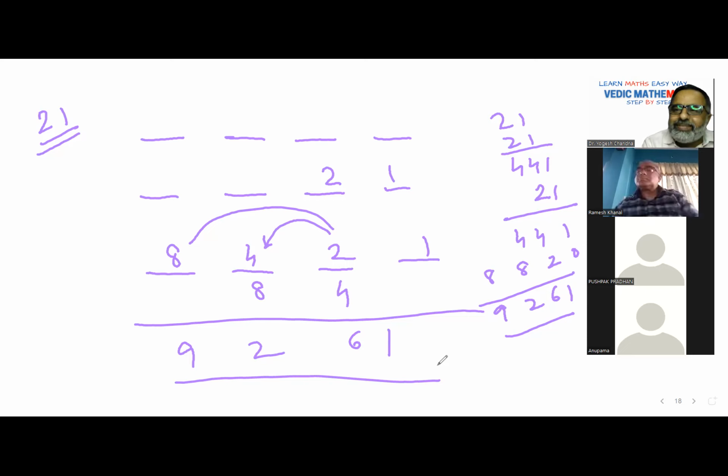Is it clear now? Any doubts you have, please ask. All clear, sir. Okay, if it is clear, please solve 41 cube. Karthik, so easy.